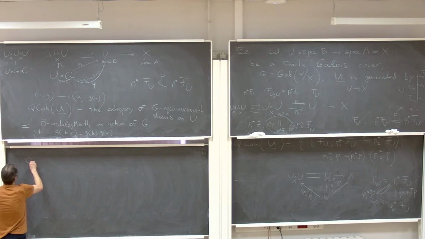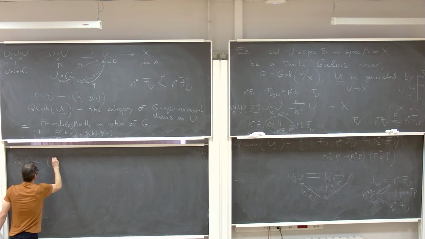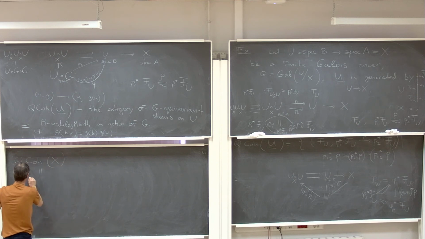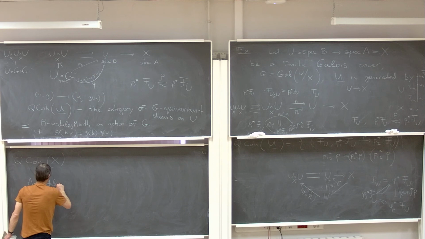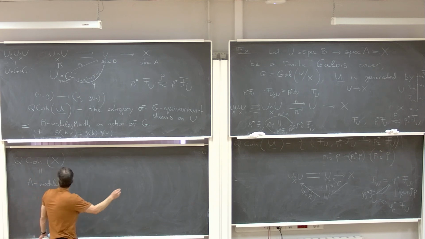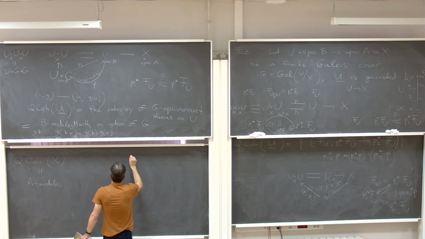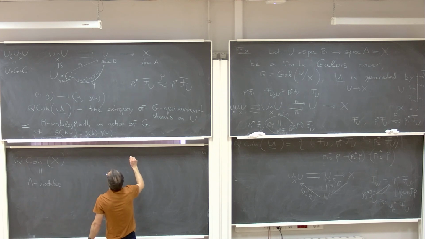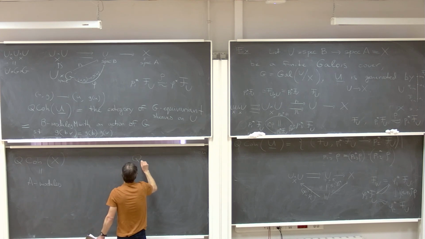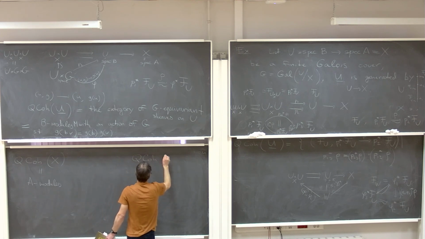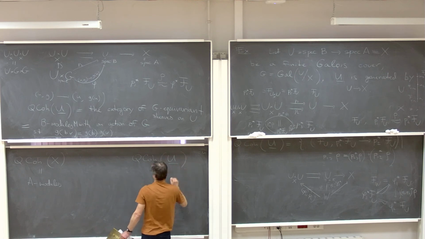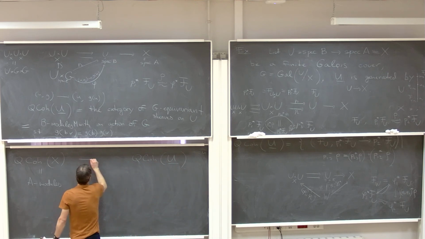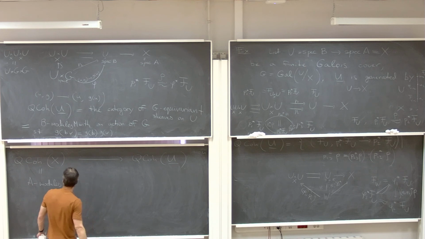So we get quasi-coherent sheaves on X, which are just A-modules, and we have these quasi-coherent sheaves on U. So what is the functor that we discussed?